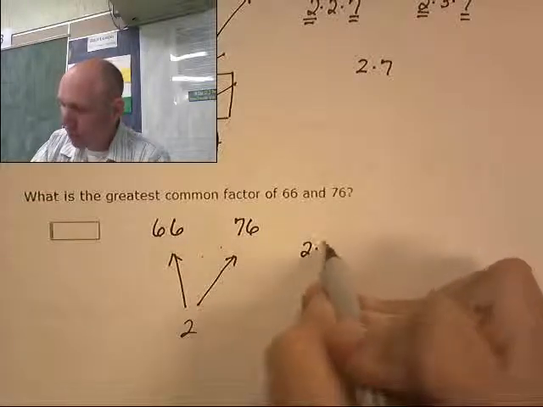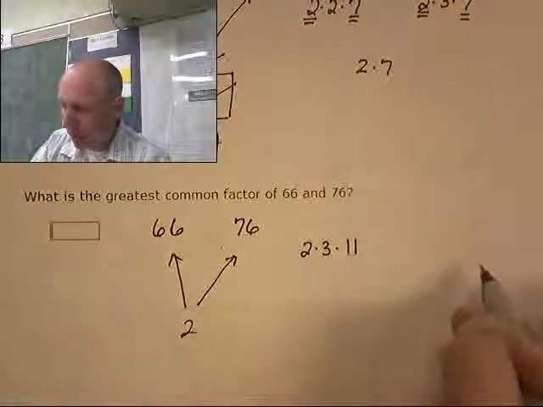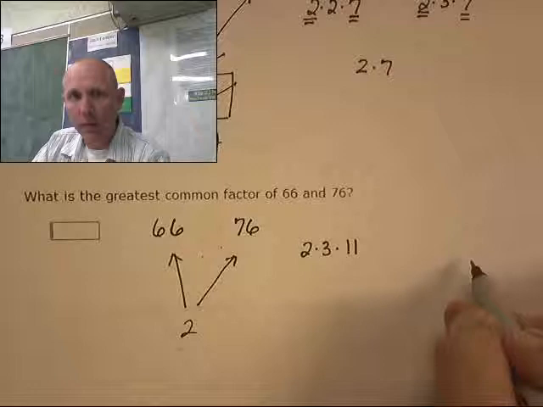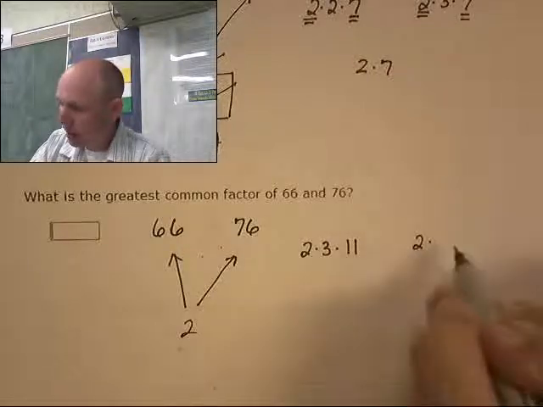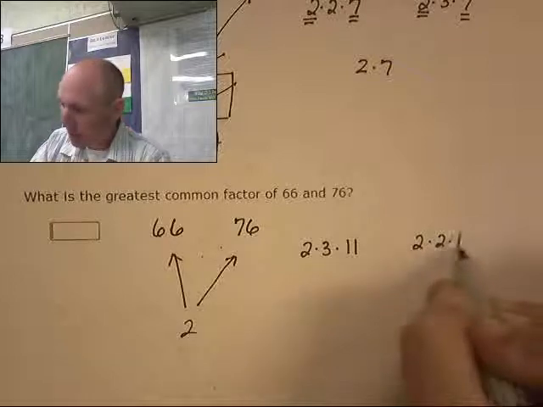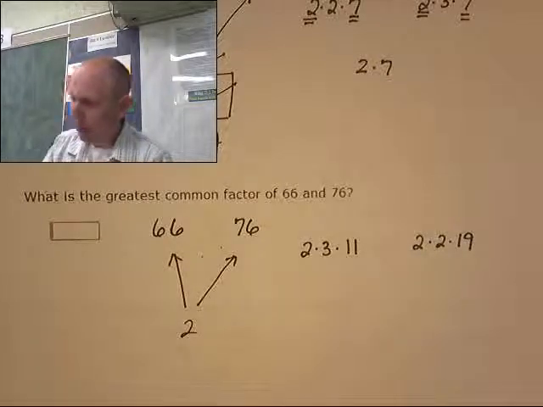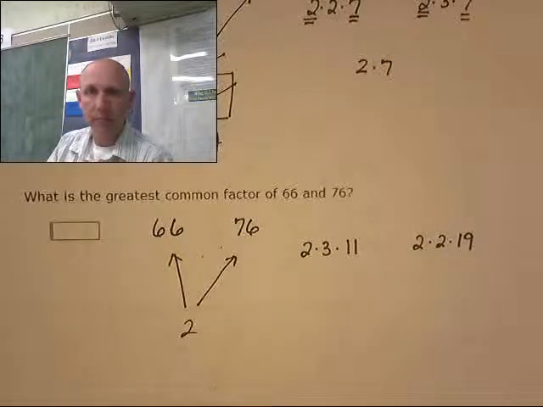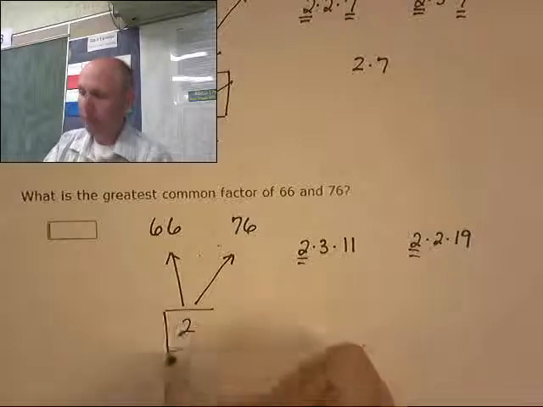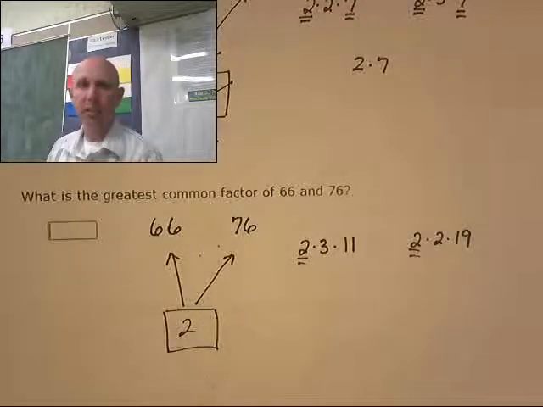That's 2 times 3 times 11. 76, well, that's 2 times 38. 2 times 2, yep, that's right. So what's common? It's just a 2. That's the best we're going to get out of this. There's my GCF, my greatest common factor.